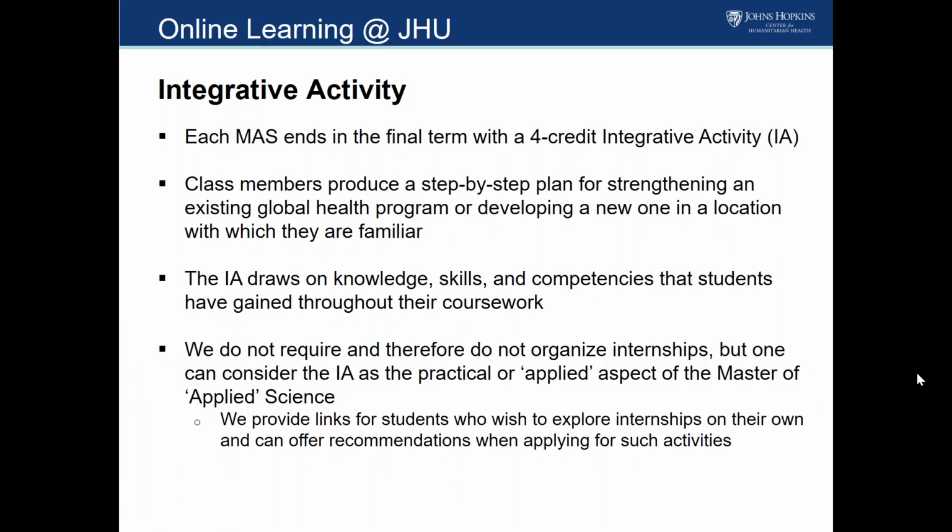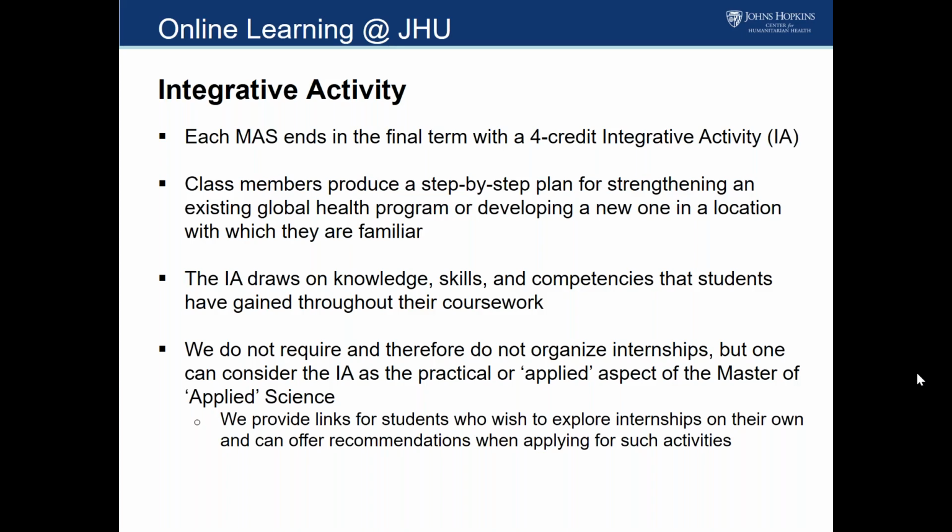All of our Master of Applied Science programs end with an integrative activity. Some people call it a capstone, but it's basically a project. This comes up in the final term. It's offered in the 4th term, and it's worth 4 credits.